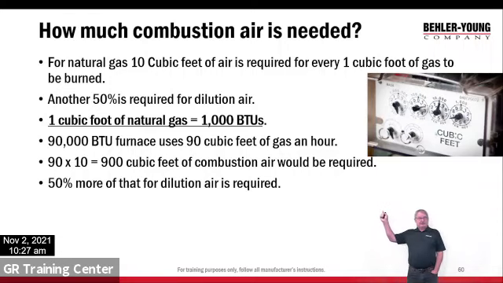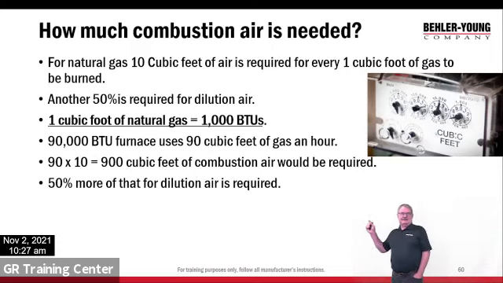I need another 50% for dilution air. That's to aid in venting. A cubic foot of natural gas is 1,000 BTUs. So for every cubic foot of natural gas, I get 1,000 BTUs.